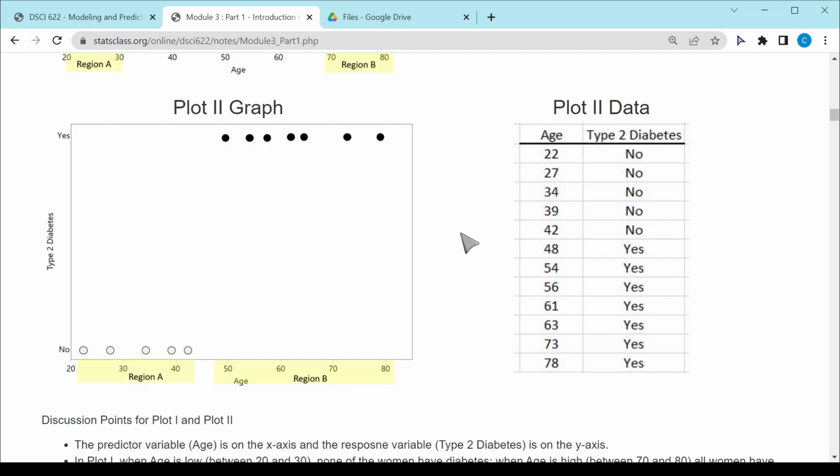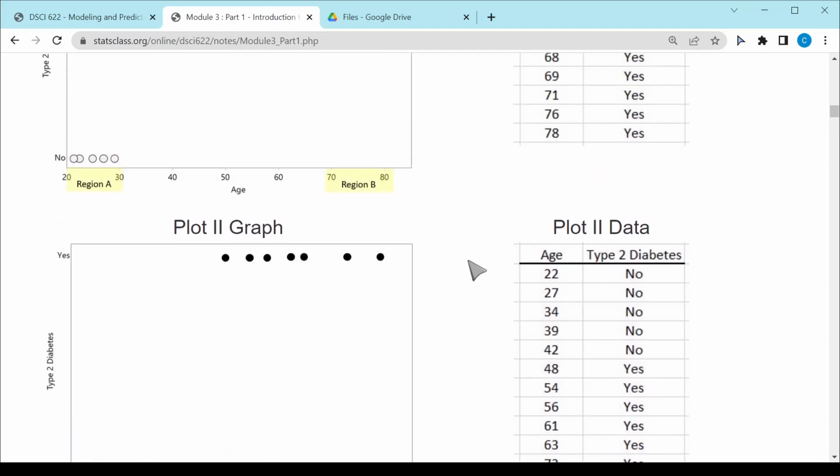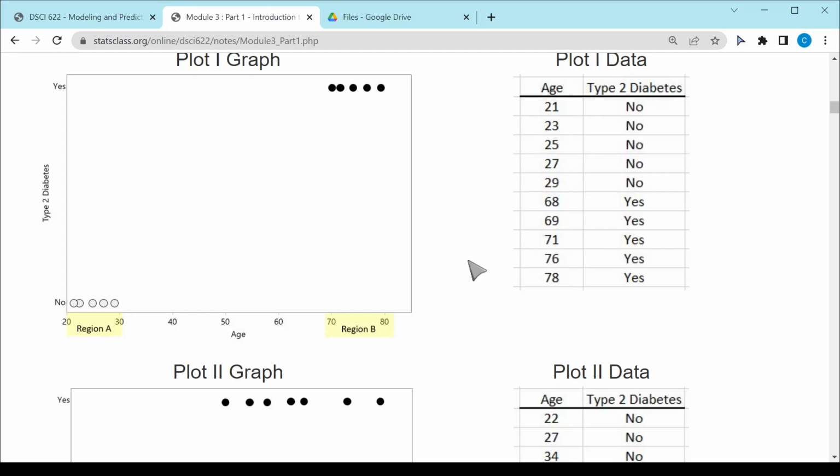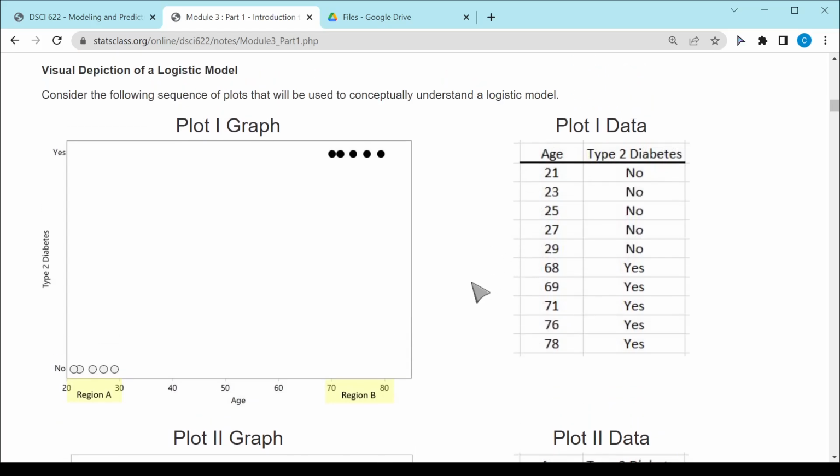Here's a second plot, which is much like the first, except that the observations for yes are spread out a little bit more compared to the no's. In both of these plots, it's going to be fairly easy and straightforward to make a prediction for whether or not somebody has diabetes.